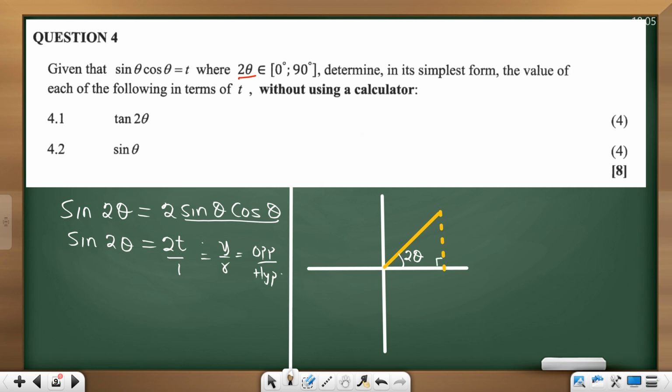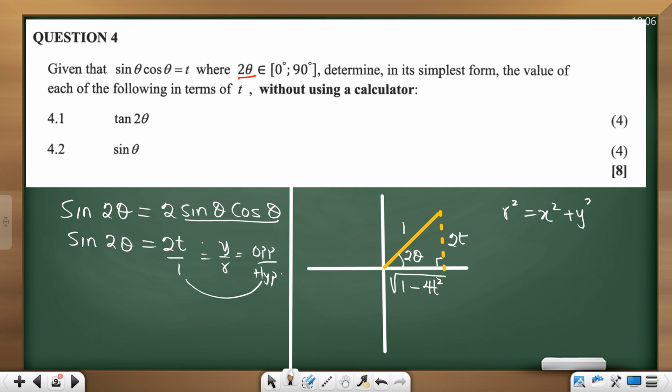So your hypotenuse is 1. The opposite, which is our y, is what? 2t. By now in grade 12, you should be able to calculate that without even writing Pythagoras. Square root of what? 1 minus 4t squared. But let's do it. Let's show everyone. R squared equals what?